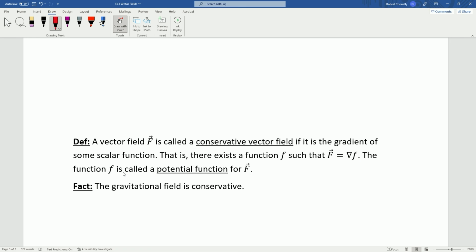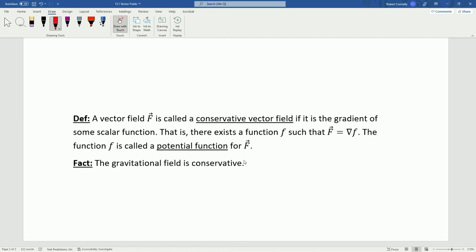The function little f is called a potential function for F. So we'll deal more with these potential functions and these gradient vector fields in the next couple of sections. We're not going to talk too much about that right now, but that's going to be a big topic moving forward. And just a little fact here: the gravitational field is conservative, meaning that it is a vector field which is defined by the gradient of some function of x, y, and z.